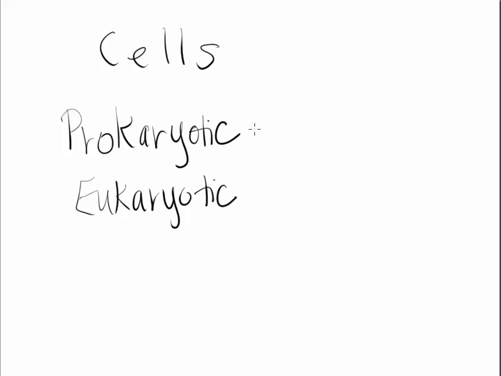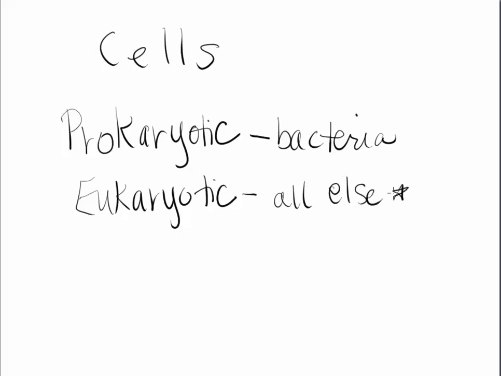The prokaryotic organisms are bacteria. The eukaryotic organisms are everything else, with one exception. There is a small group of organisms, small compared to all of the other groups, that are kind of a combination of prokaryotic and eukaryotic cells.